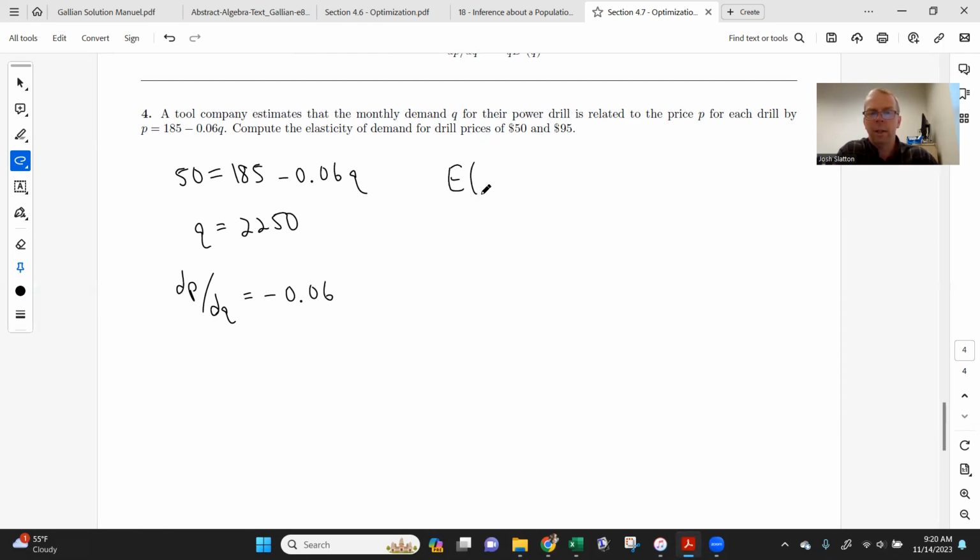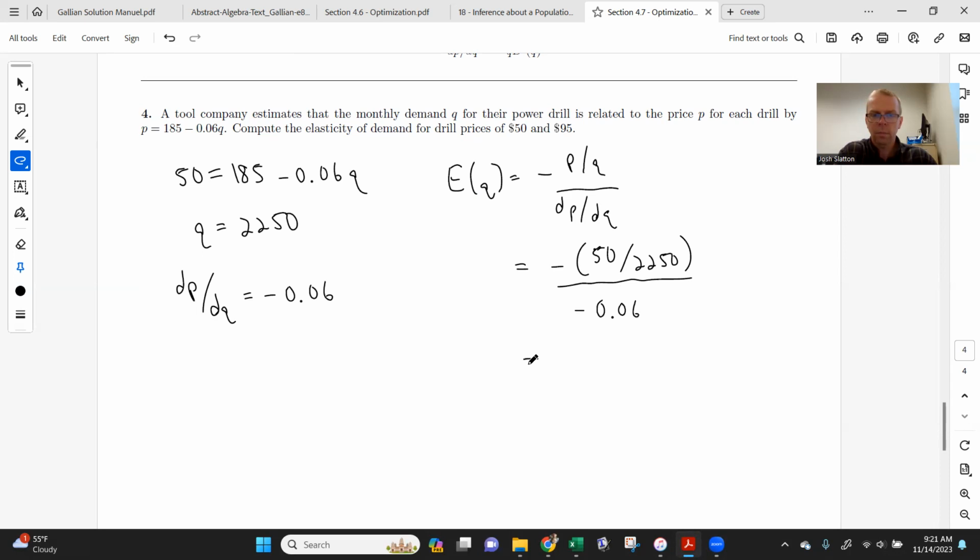So the elasticity function is negative P over Q over dP over dQ, and we can just plug all these in. It's pretty straightforward. So we have negative 50 over 2250, all over negative 0.06. Put that in the calculator, and we get 0.37 for elasticity.